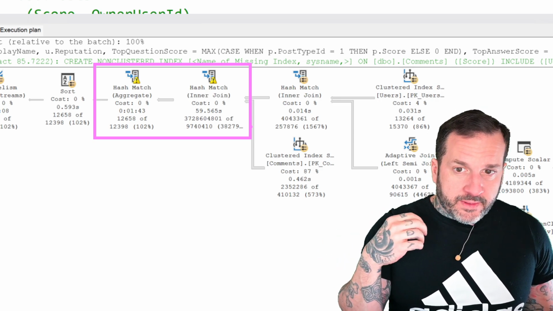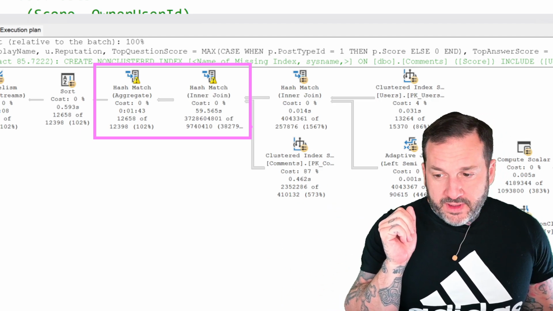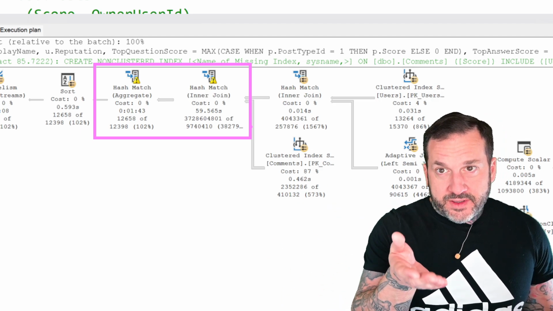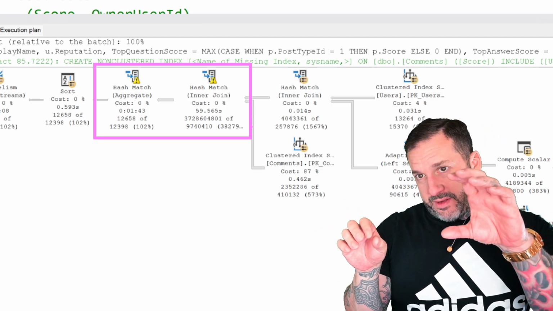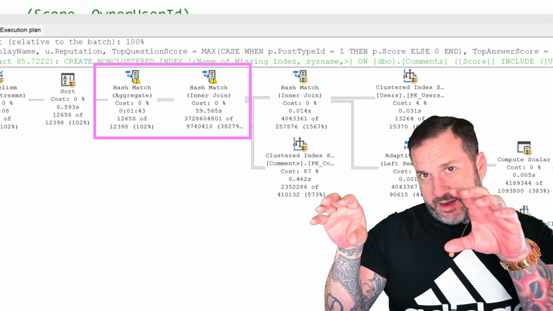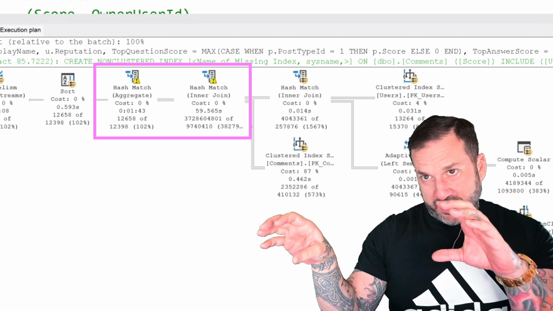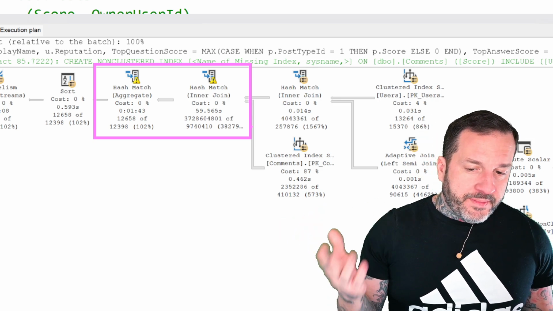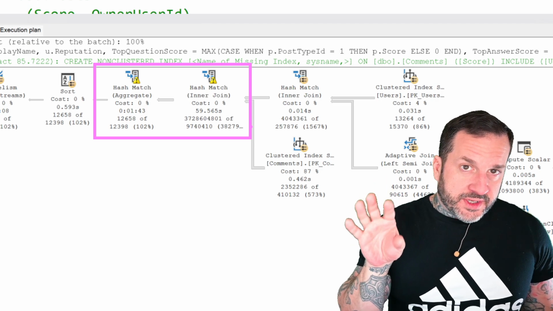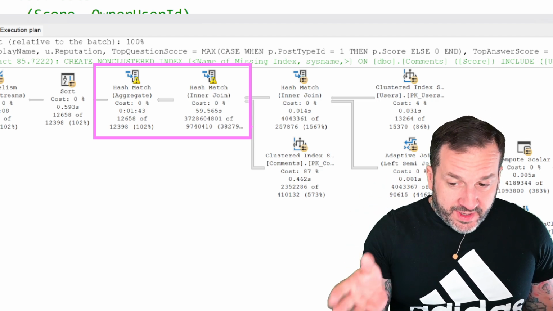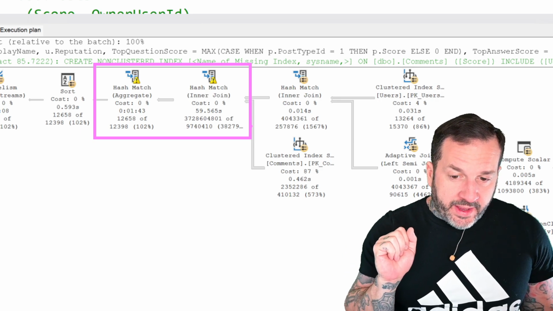So if you have an index scan that takes a second, and the next thing is an aggregate that takes 2 seconds in row mode, the aggregate really took 1 second and the scan took 1 second, but the aggregate shows you 2 seconds because it's the 1 second it took plus the child operator below it. In batch mode, it's different, because every operator is just responsible for its own time. So really, this plan is pretty quick until we get to a hash match inner join and the hash match aggregate.